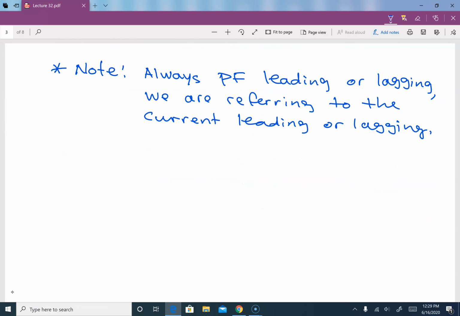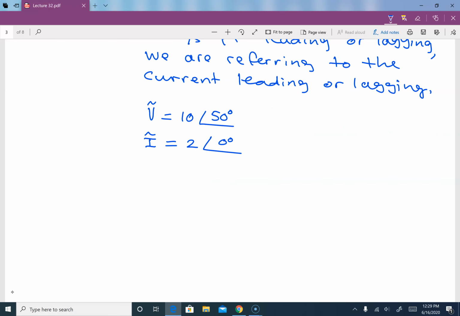So for example, if I have V is equal to 10 with angle, let's say 50 degrees, and I have I is equal to 2 with angle, let's say 0 degrees, then in this case, I is behind.